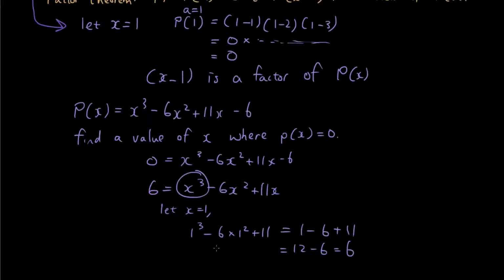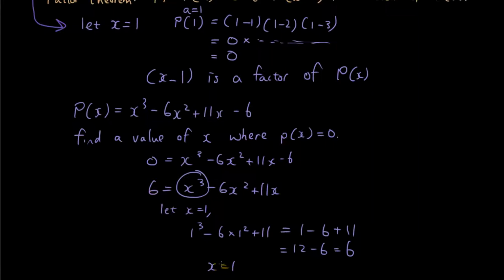So yes, let x equal 1. I guess that's the only way, because it'll be a bit hard to try and solve it algebraically. So guessing and checking is the best way in this case.